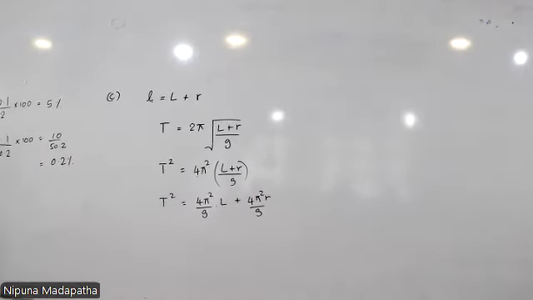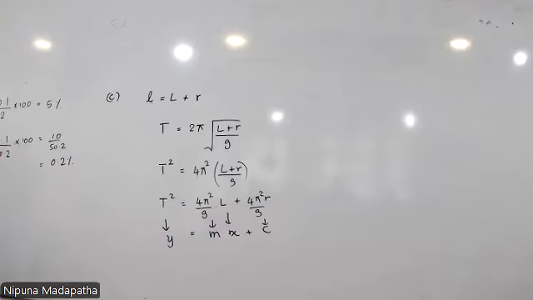Determine g. So how do you determine g? If you plot a graph of T squared against capital L, this graph has the shape of y equals mx plus c, a linear graph with positive gradient and positive intercept. So what is the gradient of this graph?